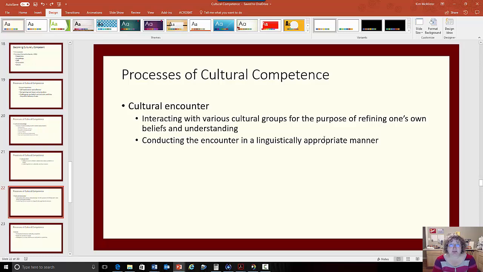You want to look at the patient when you are speaking, and then the interpreter will speak. So you need to speak clearly.